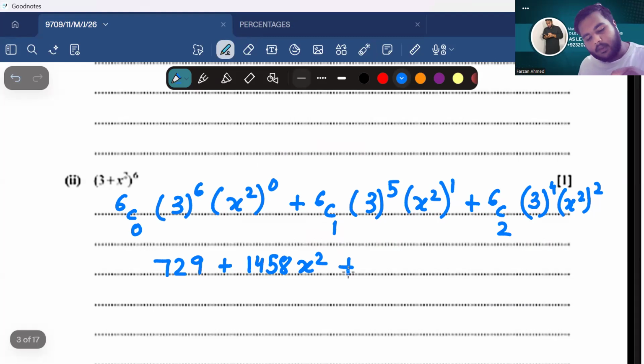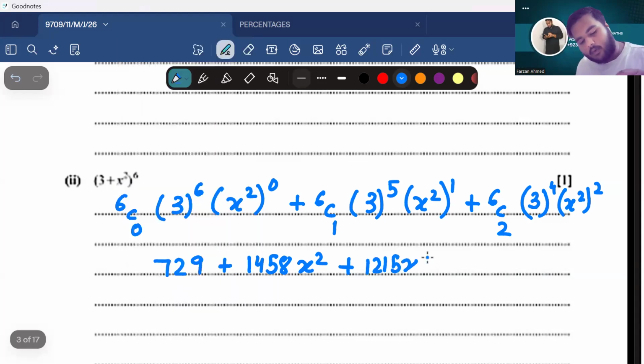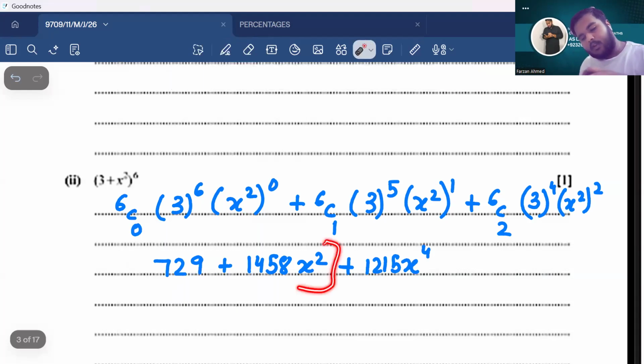Plus 6C2 into 3 raised to power 4, which will be 1215 x to the power 4.